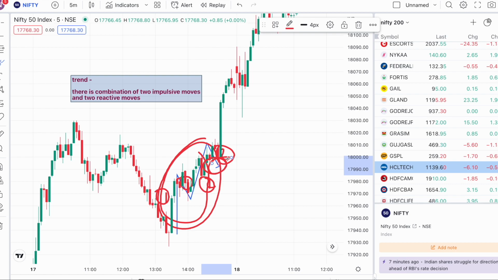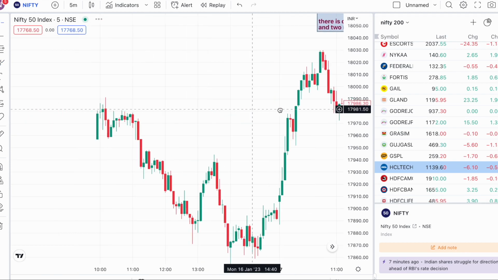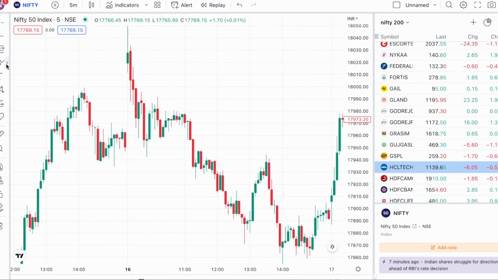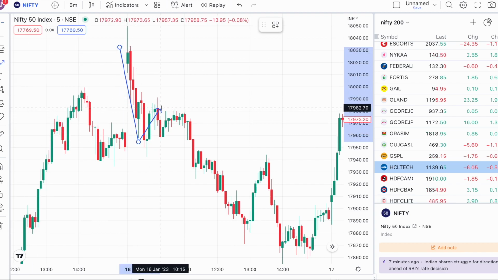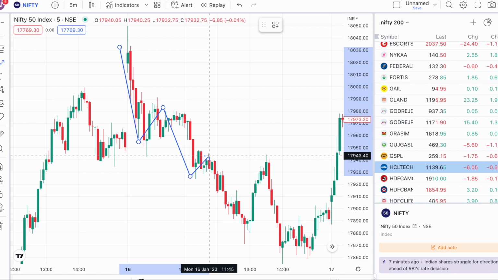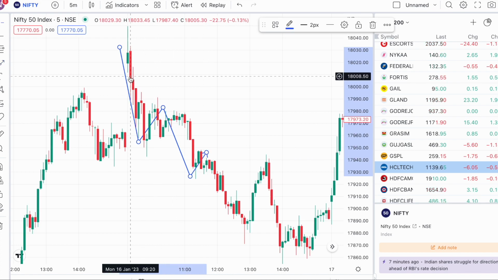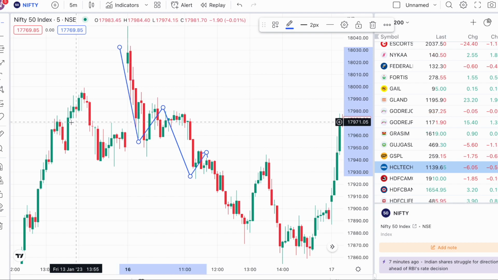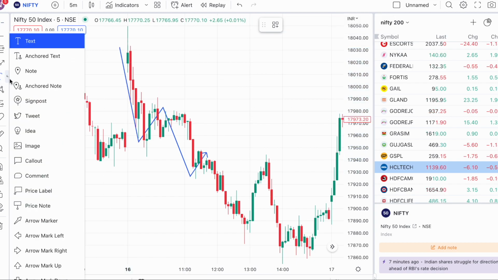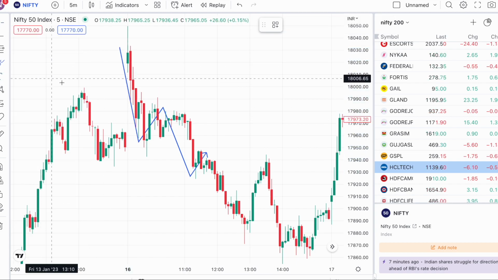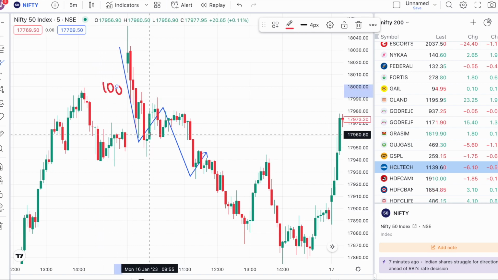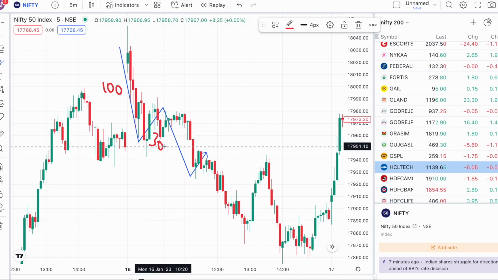Okay. The same way, for a downtrend, whenever we see this is an impulsive move, this is a reactive move, this is an impulsive move, this is a reactive move. As soon as we see a combination of impulsive and reactive moves, why is this a reactive move? If you look at the impulsive move first, this is 100%. This is not even 30%. Okay, this is 30%.